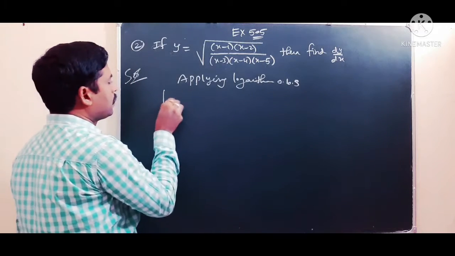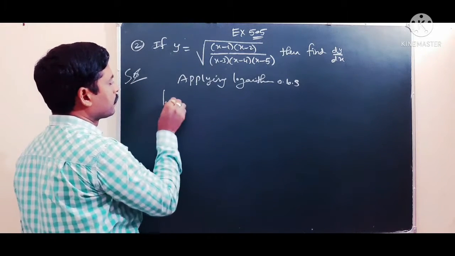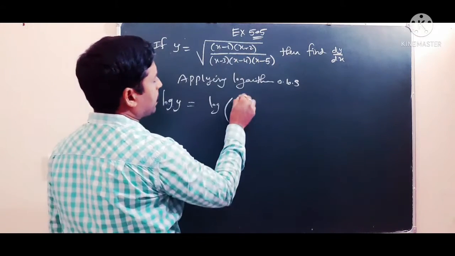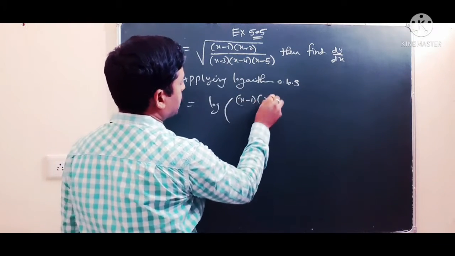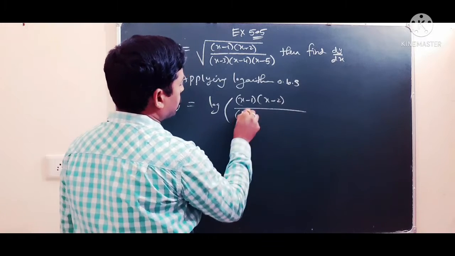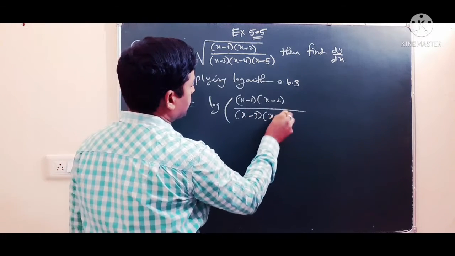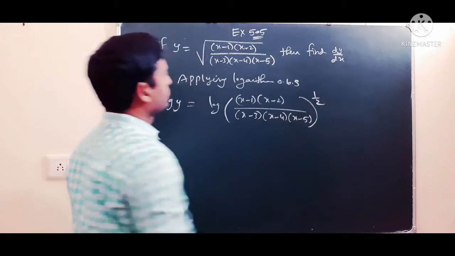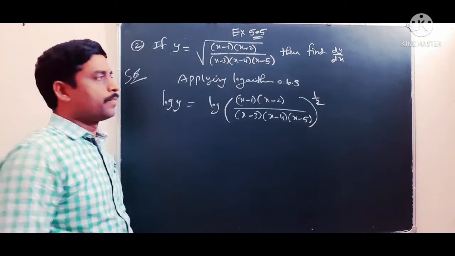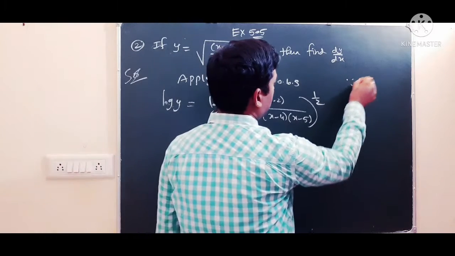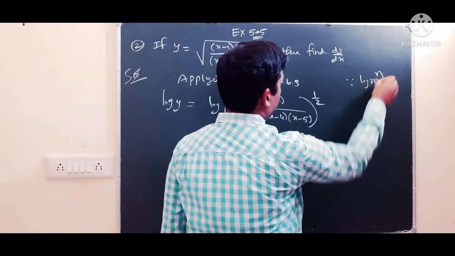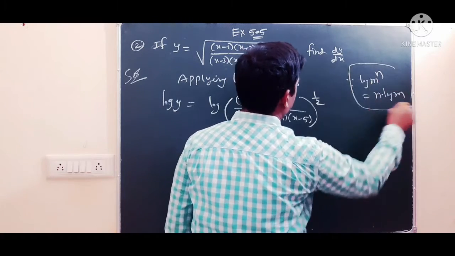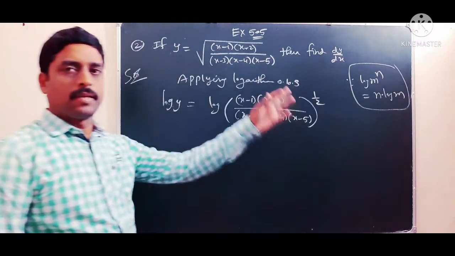So log y is equal to log of, write this value, (x minus 1)(x minus 2) by (x minus 3)(x minus 4)(x minus 5) to the power 1 by 2. This root means power 1 by 2. We have the formula log of m to the power n is equal to n into log m, so we should apply that formula.